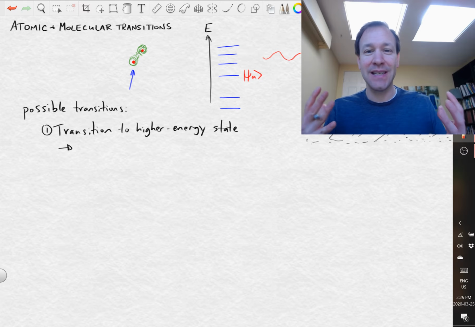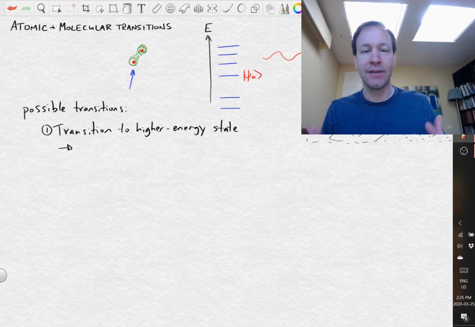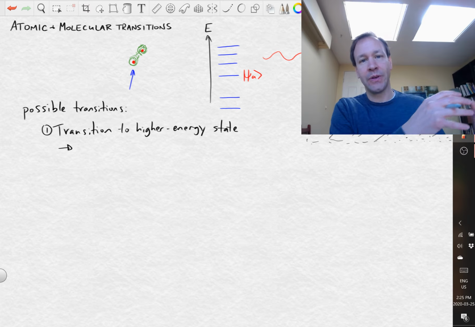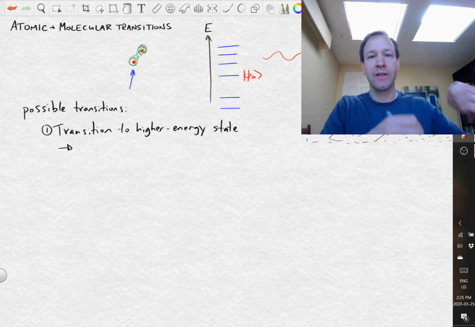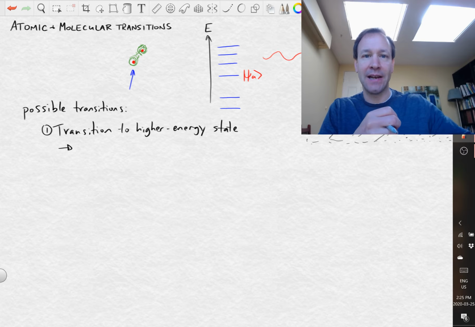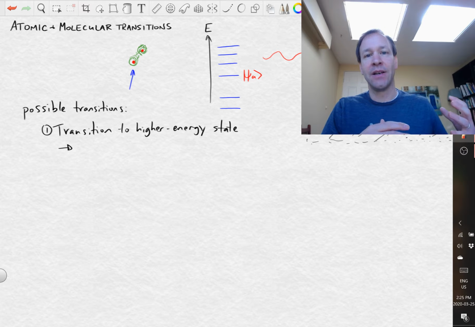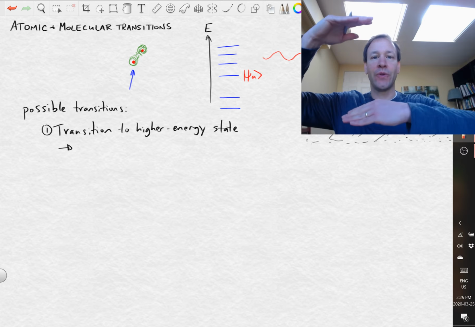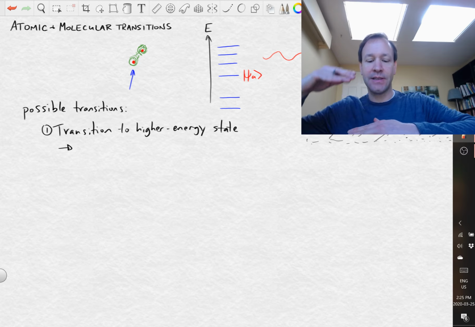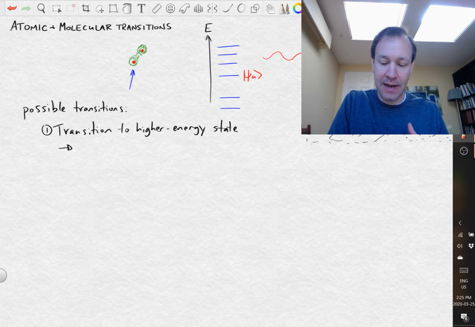Okay, and so now this has a very physical interpretation. So in radiation with a particular frequency, the photons all have a certain energy. And when that photon energy is matching with the difference in energies between your state A and some higher energy state B, so let's write that there.